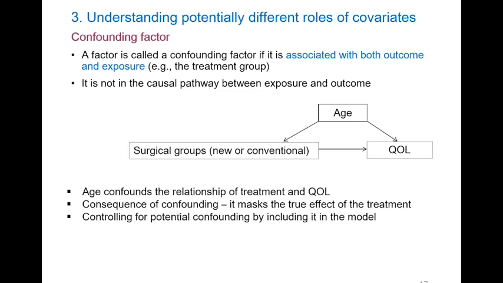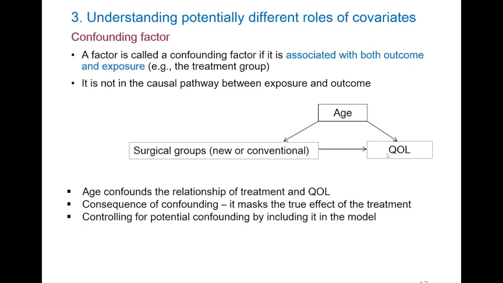What is the consequence of confounding? It masks the true effect of the treatment, right? Because when you ignore age and you find that the new treatment group has better quality of life, you might say the new treatment resulted in better quality of life.